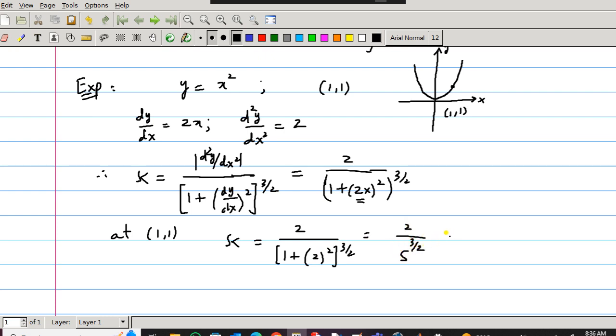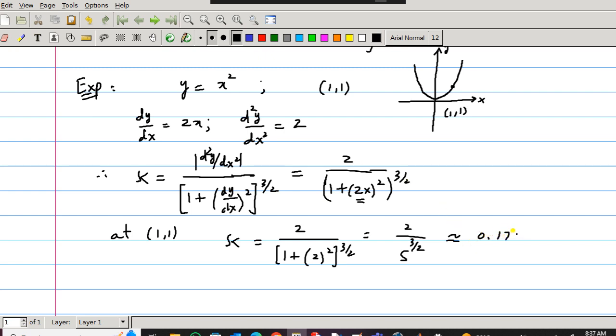So if you want, you can use a calculator and write the values in decimals. Otherwise, you can leave it like that: 2 over 5 power 3 by 2. 2 divided by 5 power 3 by 2 is 0.178 almost, 0.17888.